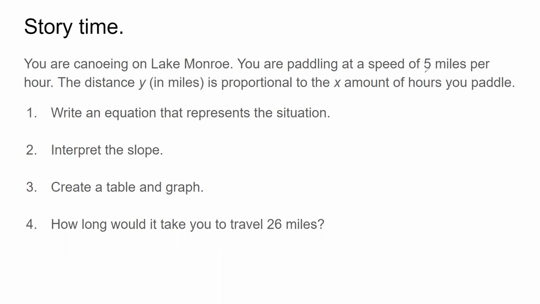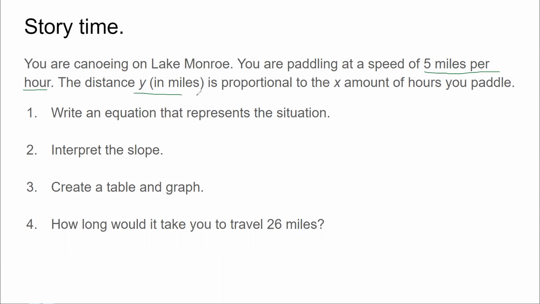If I'm going at a speed of 5 miles per hour, and I know that miles is y and x is the amount of hours, I'm writing an equation in the form y equals mx plus b. So I'm trying to determine, is my 5 my b, or is my 5 my m?